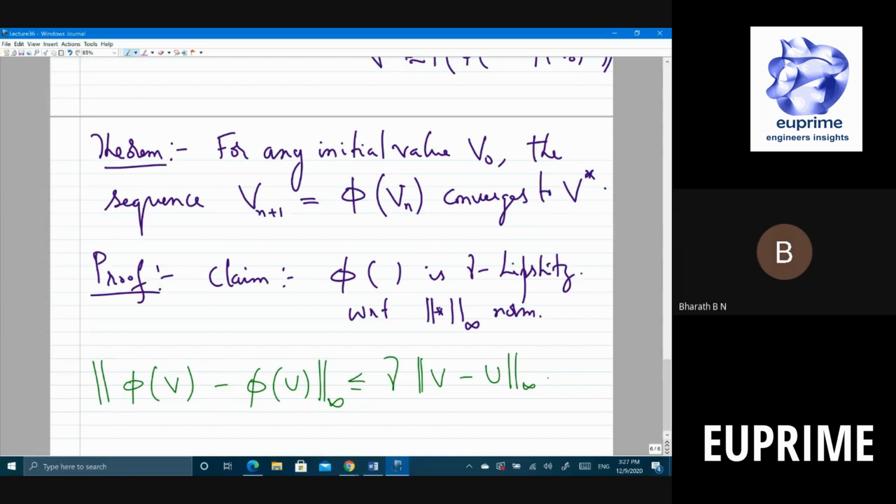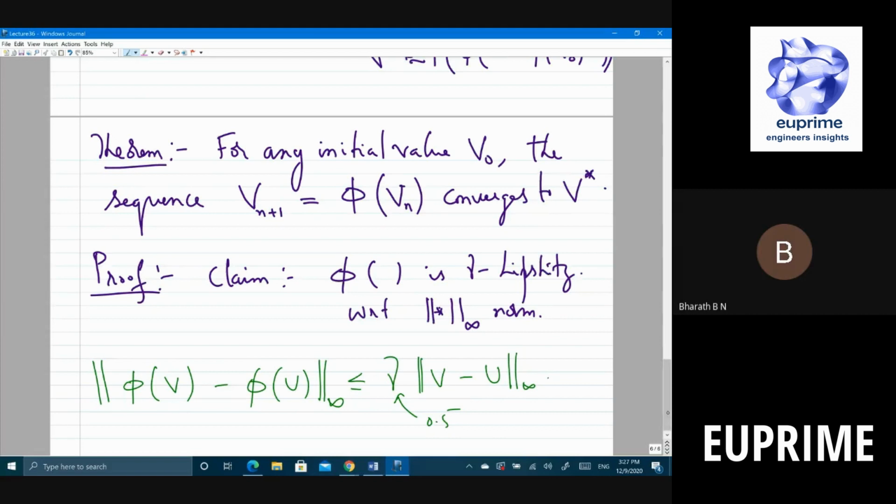You take any two value vectors v and u, and phi of v minus phi of u is smaller than v minus u. So if gamma is, let's say, 0.5, all it's saying is, if you look at the y-axis, the difference of phi of u and phi of v is smaller than half of the difference here.